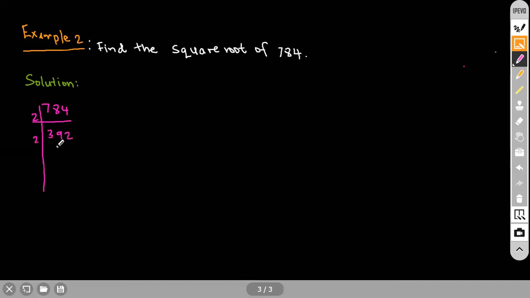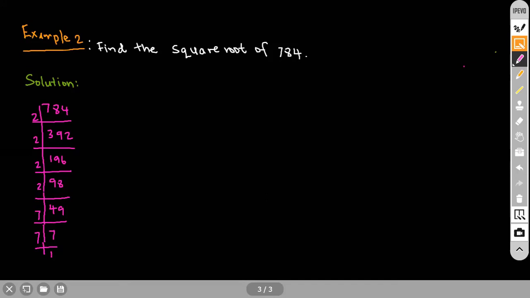So we divide it by 2 again, we get 196. We divide it by 2, we get 98. We divide it by 2, we get 49. So we cannot divide 49 by 2, and we cannot also divide it by 3. So we will divide it by 7. Okay, so when we divide it by 7, we get 7. And when we divide 7 by 7, we will get 1.